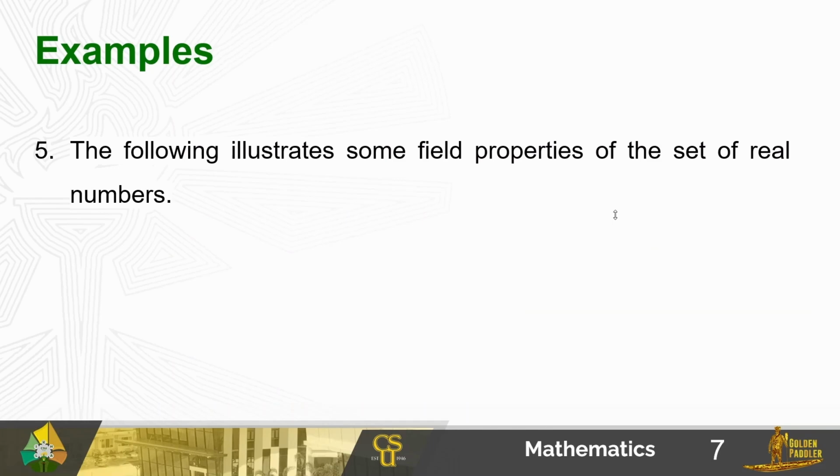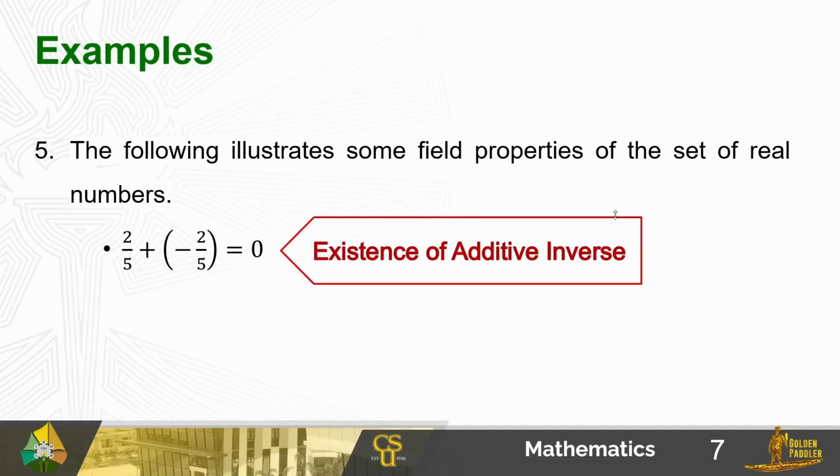Now, how about if you have 2 over 5 plus negative 2 over 5 that is equal to 0? Again, determine what field property illustrates the given. Okay, so the answer is the existence of additive inverse.